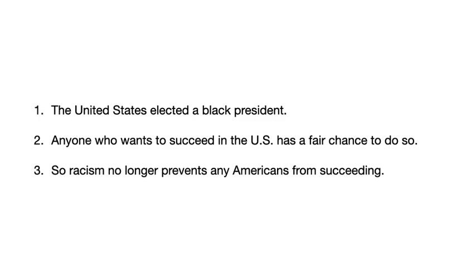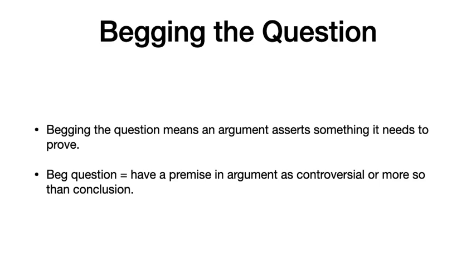This is, in the way I filled it in, a very bad argument because our premises need to be less controversial than our conclusion. And this is actually a fallacy that we'll talk a lot about, begging the question. Begging the question means an argument asserts something it needs to prove.